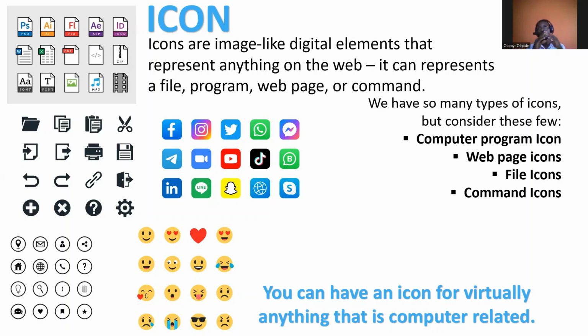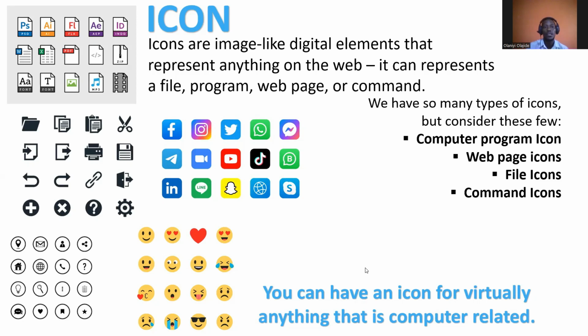So we said an icon is what represents an idea. An icon is a digital element that represents an idea or that represents a function or a command. So when you see it, you have a glimpse or an idea of what will happen if you click on this icon, or what this icon is standing for or representing.